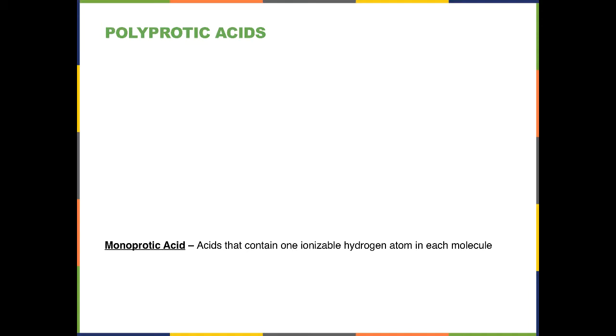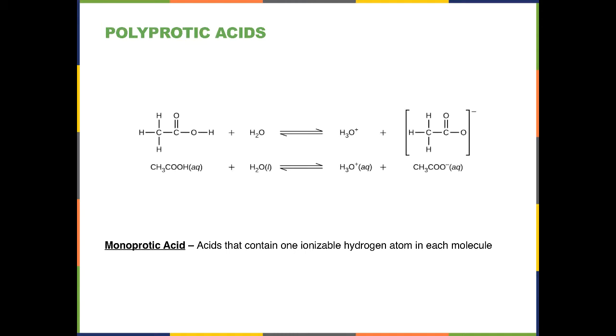And so there's one available hydrogen or proton that can be donated. A monoprotic acid, here's an example, this is acetic acid, has only one ionizable, or donatable, if you will, hydrogen ion or proton that can be donated.